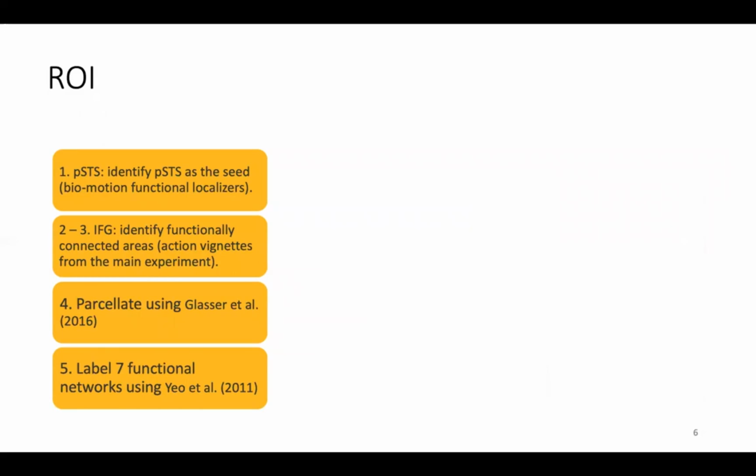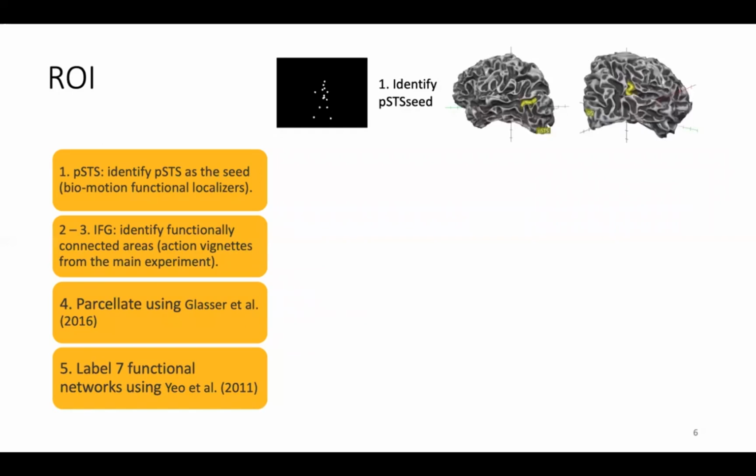To define ROIs used for functional connectivity analysis, I use both functional localizers and a data-driven approach to define PSTS, IFG, and IPL. For PSTS, we used a biological motion localizer in which subjects watch patterns of dots moving. Second, because there is no standardized functional localizer to define IFG and IPL, these regions were defined conservatively based on patterns of functional connectivity to the PSTS on the beta series calculated for the main experiment.